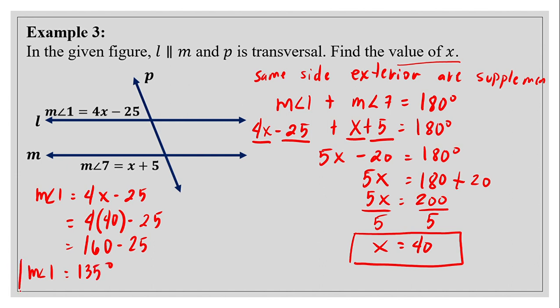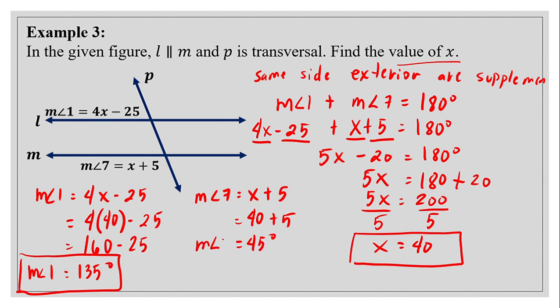Next, how about measure of angle 7? Measure of angle 7 has the degree measure of x plus 5. So substitute x as 40, plus 5, and the degree measure is 45 degrees. So measure of angle 7 is 45 degrees. So that's how we find the degree measures of angles formed by parallel lines cut by a transversal.